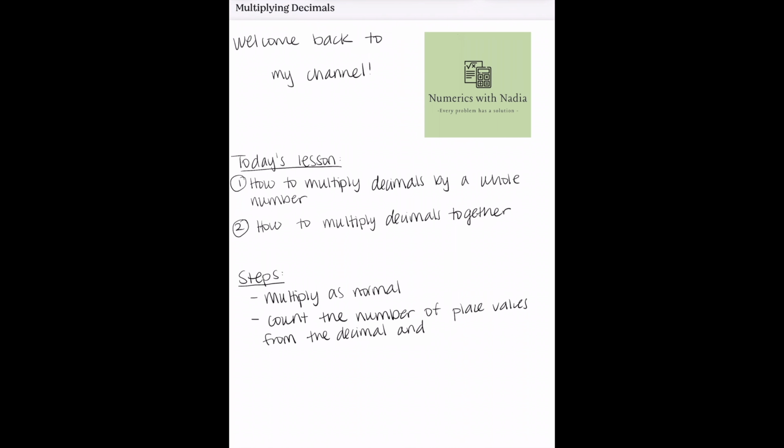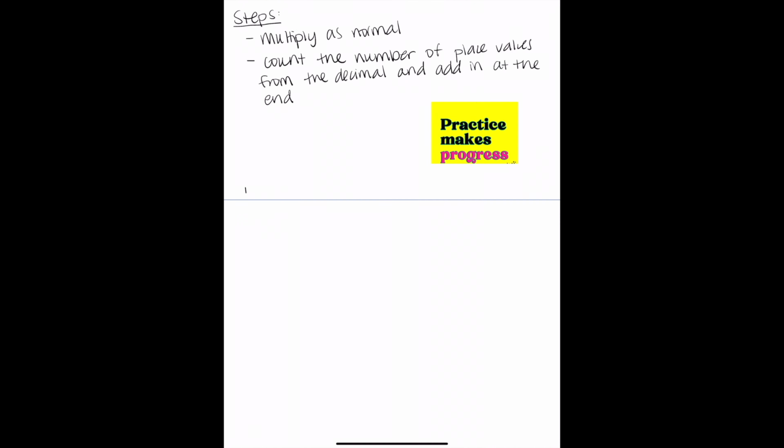So you might not be familiar with what this is going to look like, but we're going to work through some examples of really understanding what the place values are, how to add them in at the end, and just going through all of these as a whole. As we've said before, practice makes progress, right? So we're going to go through a few examples here to really paint a picture of how these steps correlate.